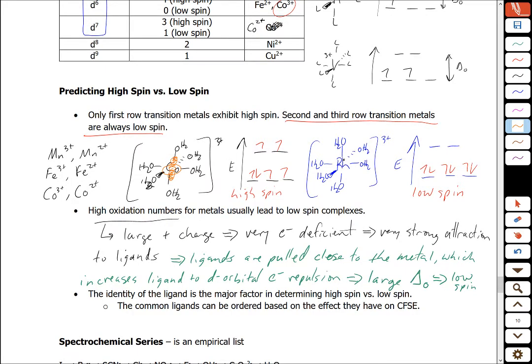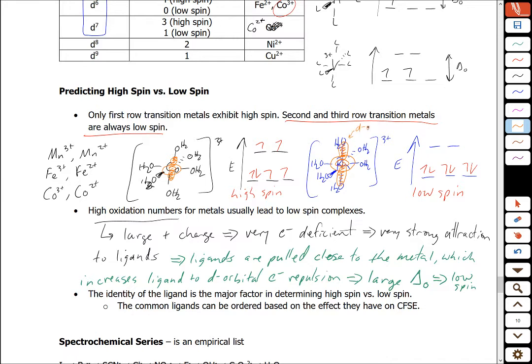But in rhodium, that's going to be a much bigger orbital because in rhodium, the electrons are farther away from the nucleus. Okay, and so in rhodium, the d orbitals are bigger than they are in cobalt, which means that the d orbital electron density is going to be farther away from the nucleus. It's going to actually be closer to the ligands.